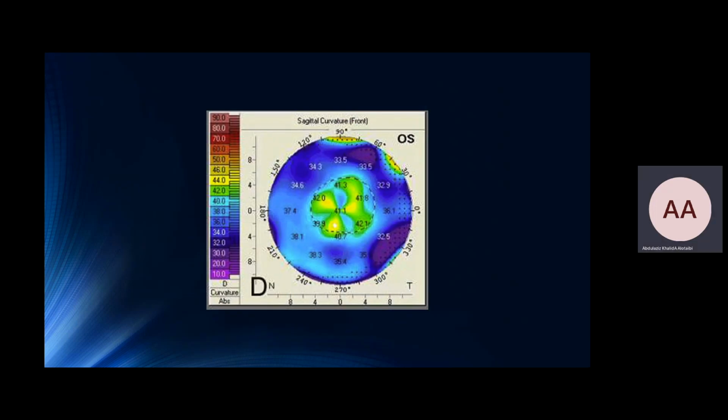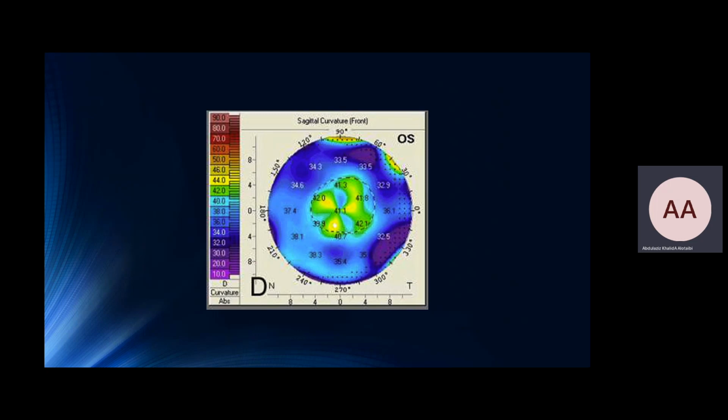So we have here a sagittal curvature map. What does it tell you? Saeed, what do you think? We will follow the same shape and numbers. There is an elevated cone in the center relative to the periphery. So the pattern is considered, is it a bow tie, oval, or abnormal shape?